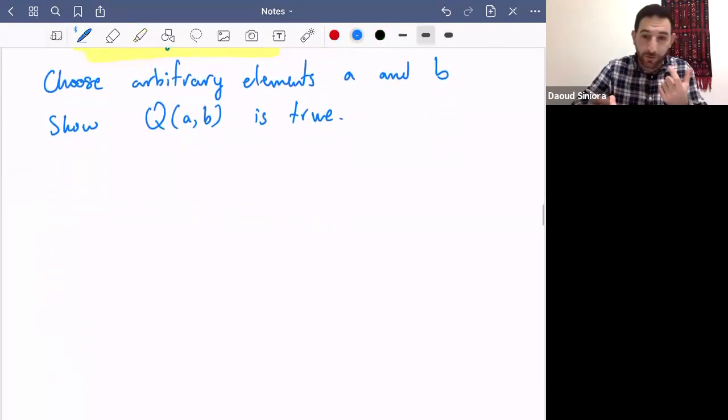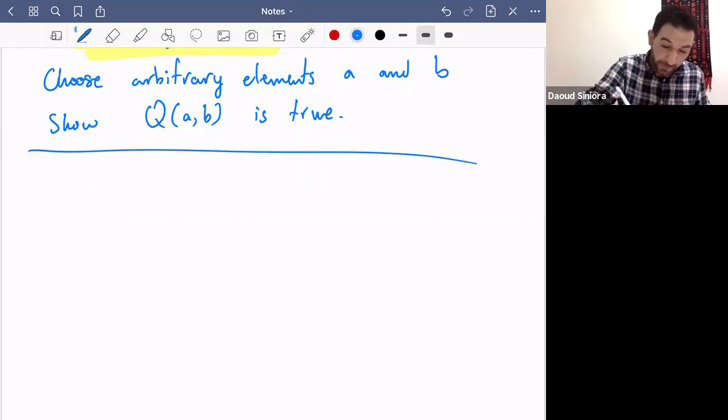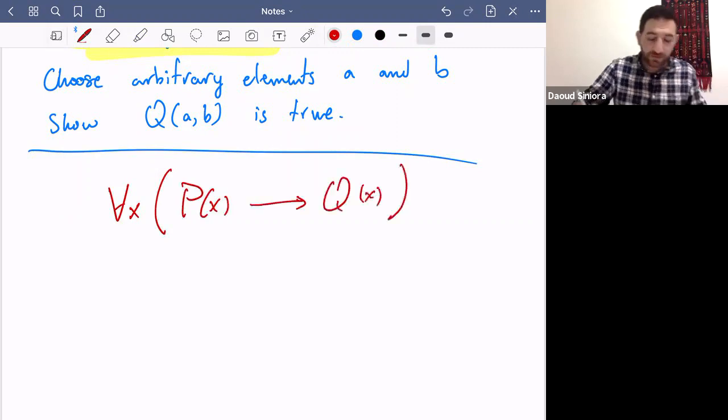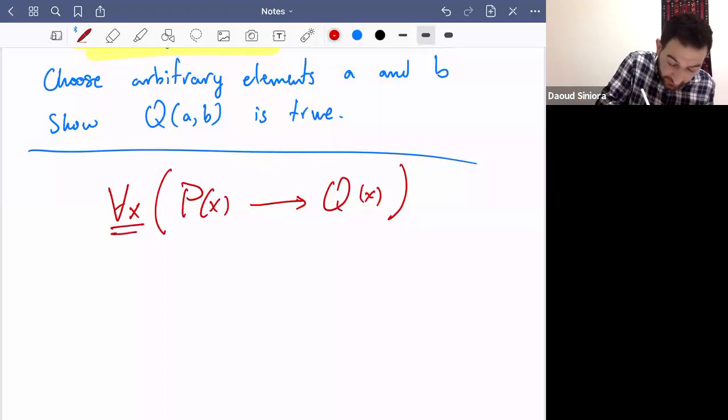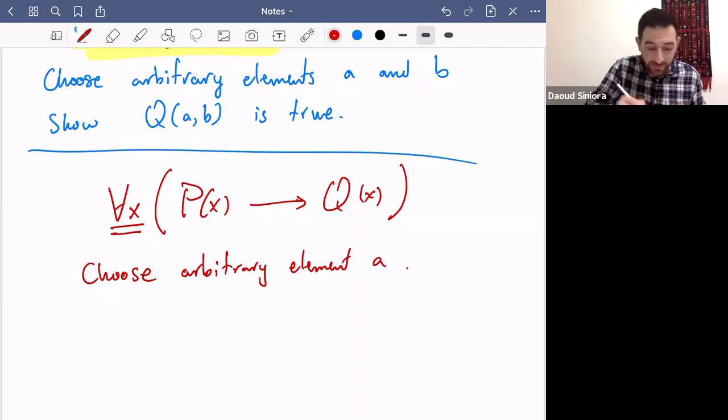Okay. Sometimes the property on which we apply the quantifier is a conditional statement. So it has the form, say, for every x, the property is P of x implies Q of x. So this says choose any element in the domain. If x has property P, then x has property Q. So again, to take care of the quantifier, we choose arbitrary element A in the domain, and then we use axioms, previous theorems, rules of inference.